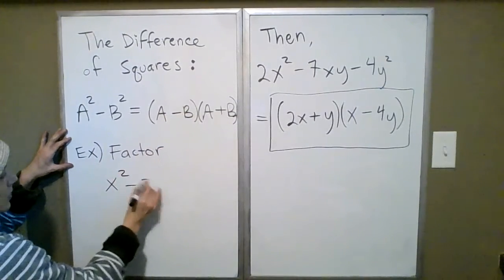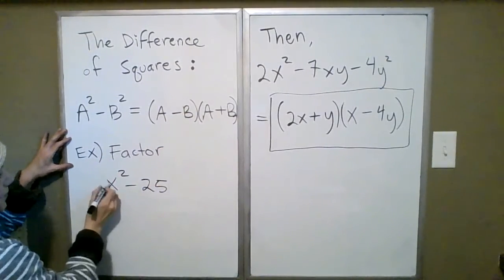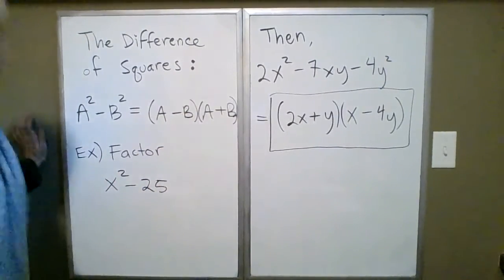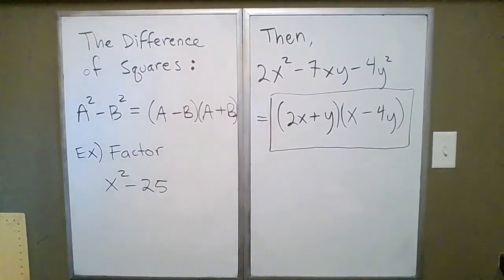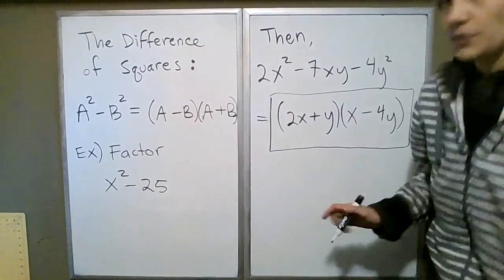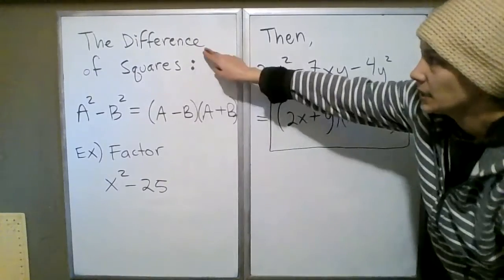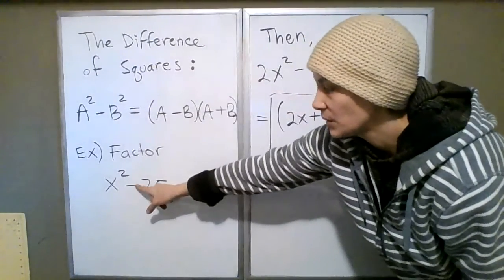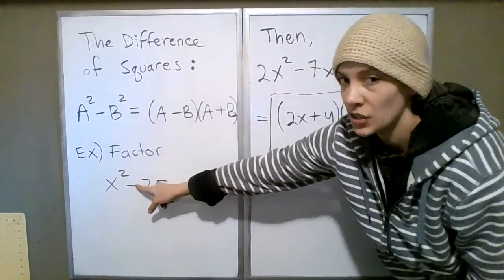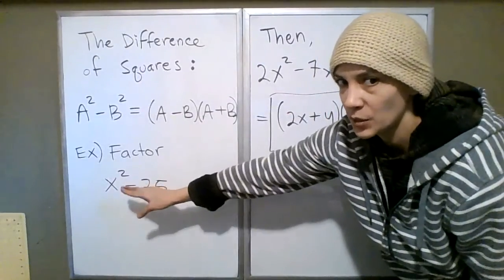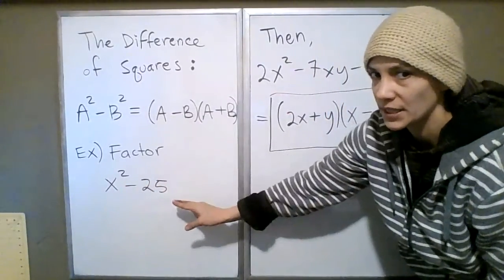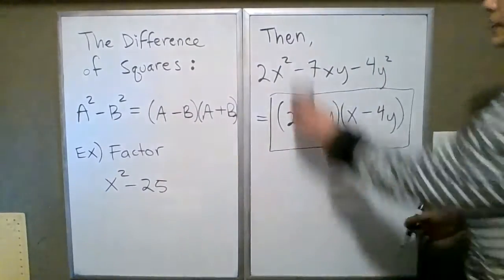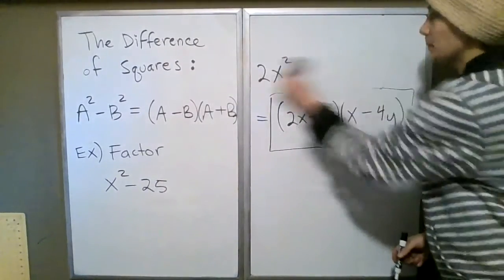x squared minus 25. So first, this difference of squares is for two numbers. So if you spot two numbers and a difference between them, then check if you can write them as a number squared minus another number squared. Like this one's going to be x squared minus 5 squared.